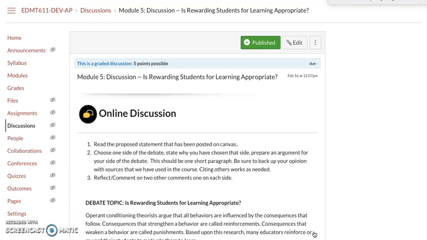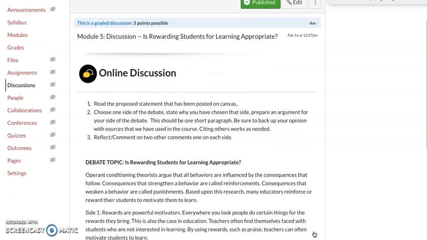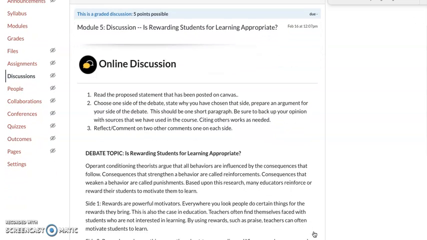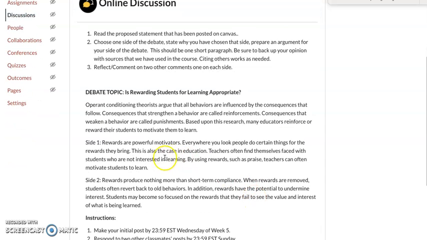The next thing we're going to do is our class debate, and the debate is whether rewarding students for learning is appropriate. It gives you two different sides, and all you have to do is side with one of them. You have to say which one of these you agree with most. Quite honestly, when anyone does this to me, I always say, well, a bit of this one and a bit of that. I just want you to tell me your thinking in a short paragraph.